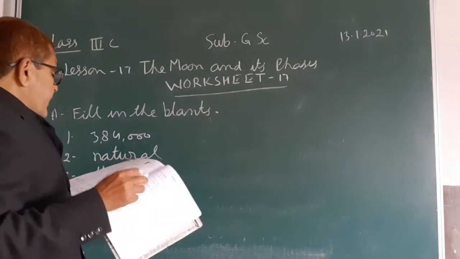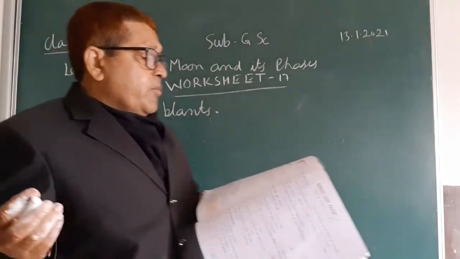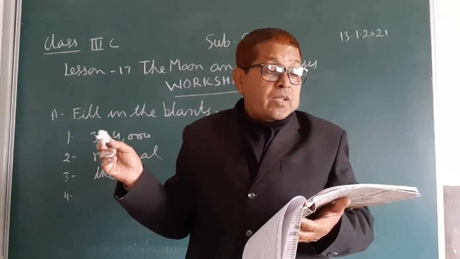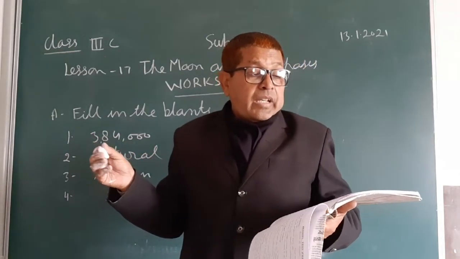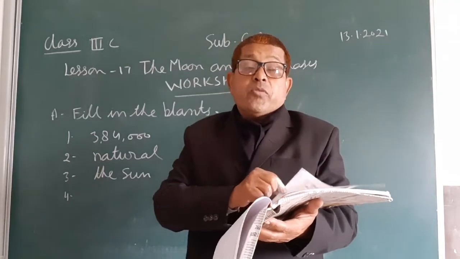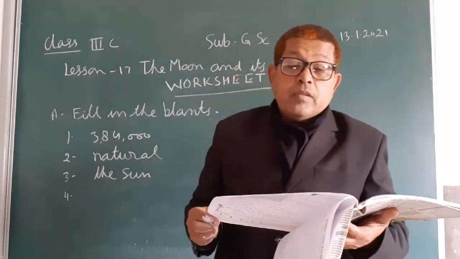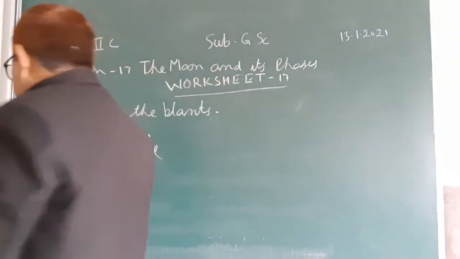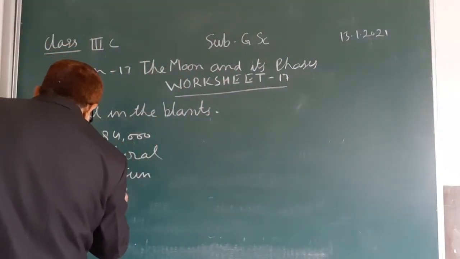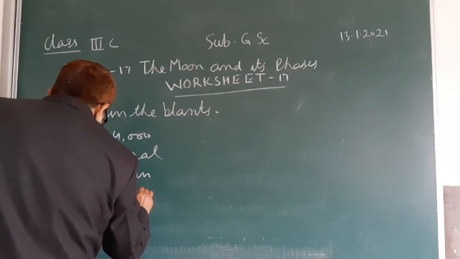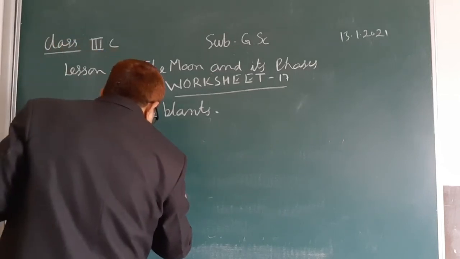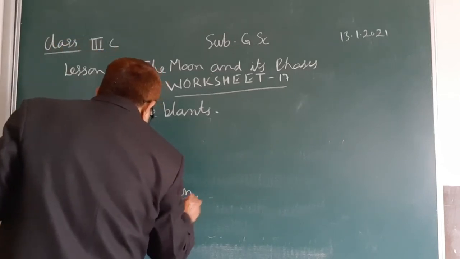Next, fourth, decreasing of the lighted part of the moon is called waning moon.